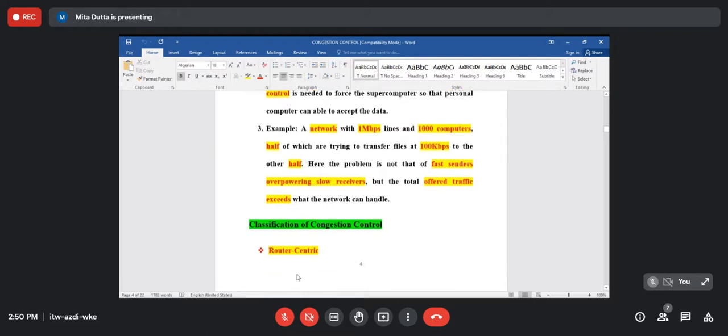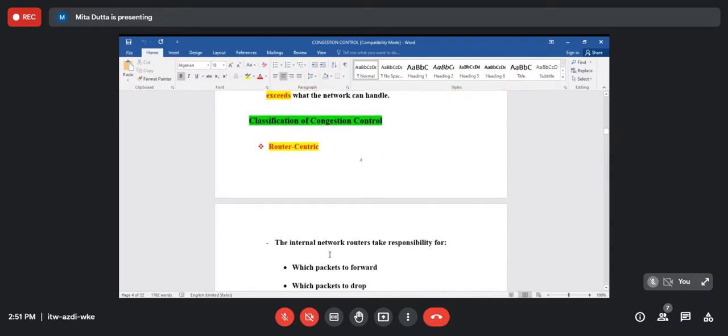Now, it is first router centric, because we have seen the situation just now. The packets are being delivered through the network, and there are so many routers connected in the network. The data will pass through a number of routers to go from the sending end to the receiving end.